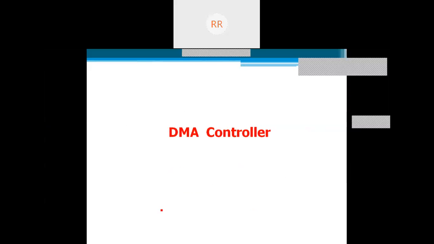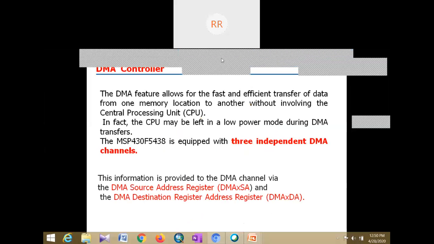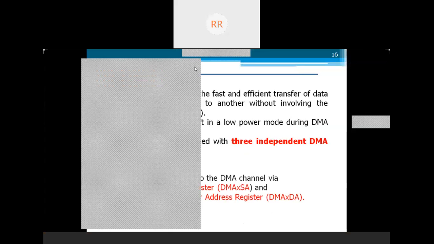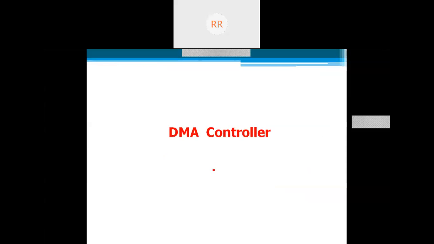Next topic is the DMA controller. We are all familiar with this particular DMA operation. The purpose of DMA is direct memory access; the DMA controller is a direct memory access controller.